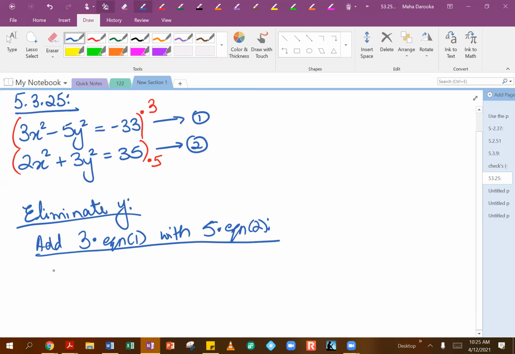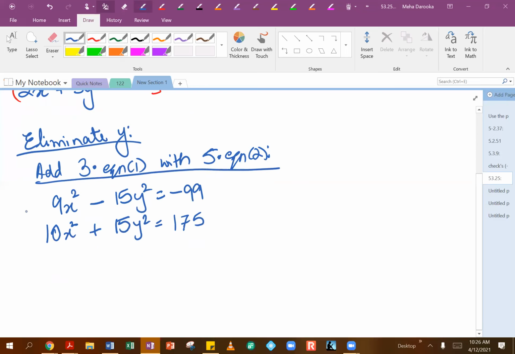So 3 times 3 will give us 9x squared minus 5 3s are 15y squared equals, what will that be, negative 99? Second one would be 5 times 2 is 10x squared plus 5 times 3, 15y squared, and then what will be 35 times 5? 175.